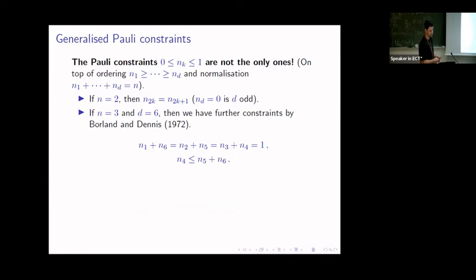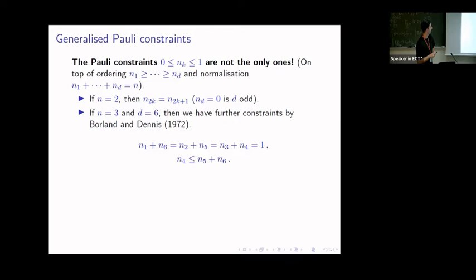That's an old result, but there is also another old result by Borland and Dennis, which we will use for visualizing some examples today. This is an example of 3 electrons on 6 orbitals, and then we have those extra relations that are written here.